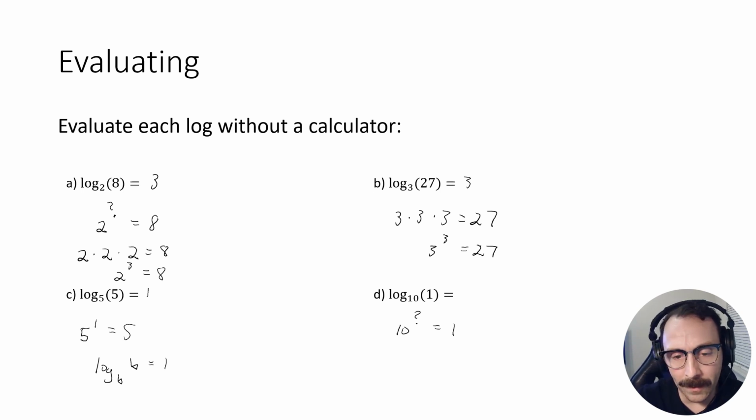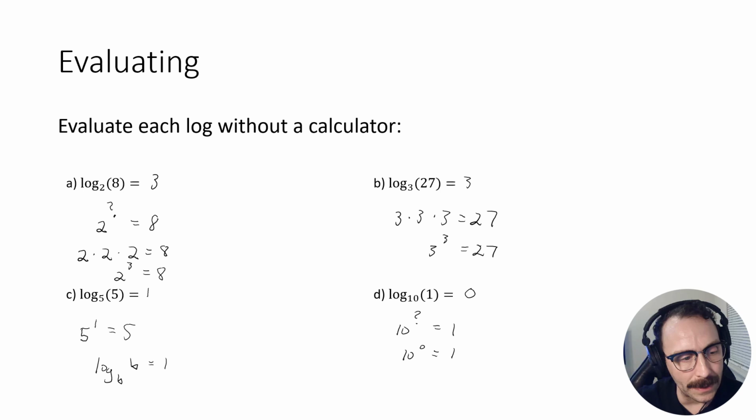If you are well versed in exponents, you would know this, you'll have this right on the tip of your tongue. This is equal to 0. That's that magical number. I can raise anything other than 0 to the power of 0, and I get 1. And that is the practice I have for you today.